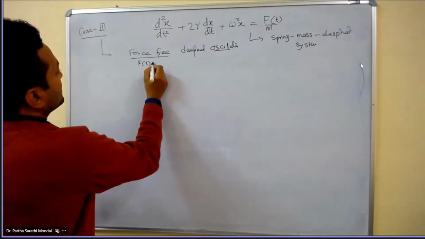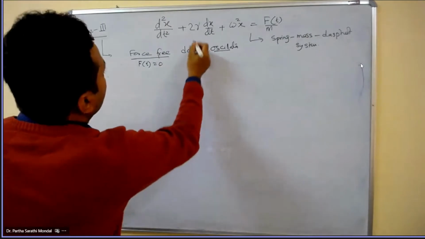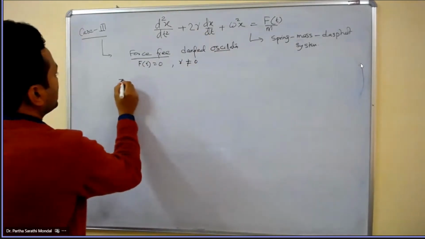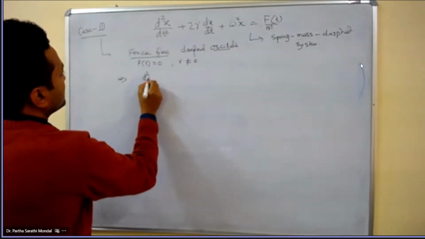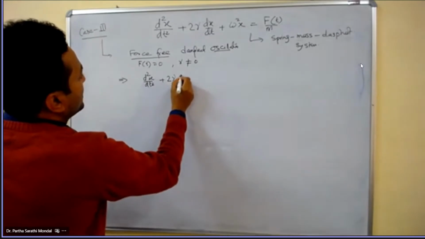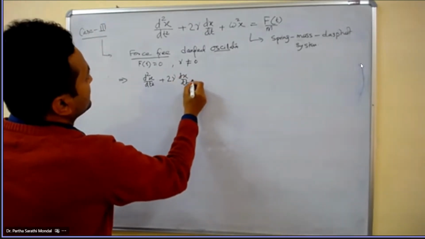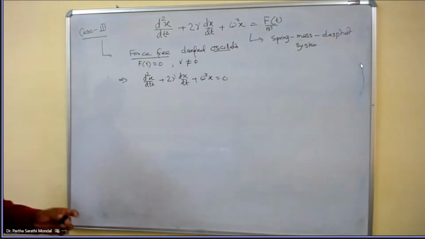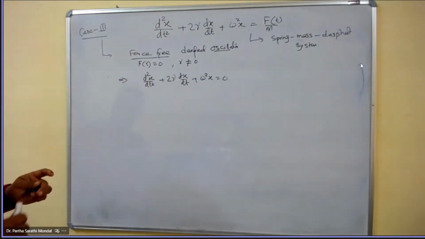That means F(t) equals 0, and it's a damped oscillator, so gamma is not equal to 0. So your differential equation is d2x by dt2 plus 2 gamma dx by dt plus omega square x equals to 0. This is your differential equation for force-free damped oscillation.